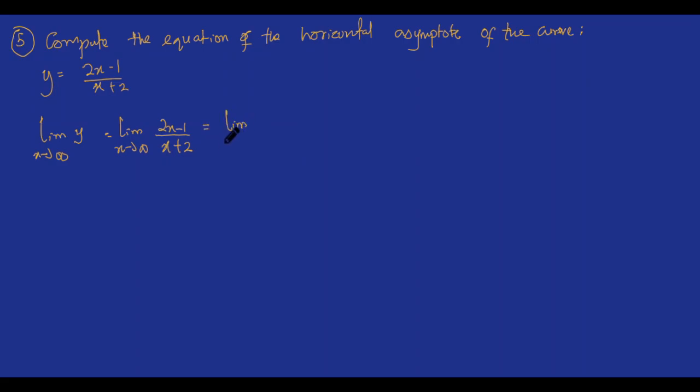Just like in one of the questions we solved, you can't substitute infinity directly because we'd have infinity divided by infinity, which is an indeterminate form.